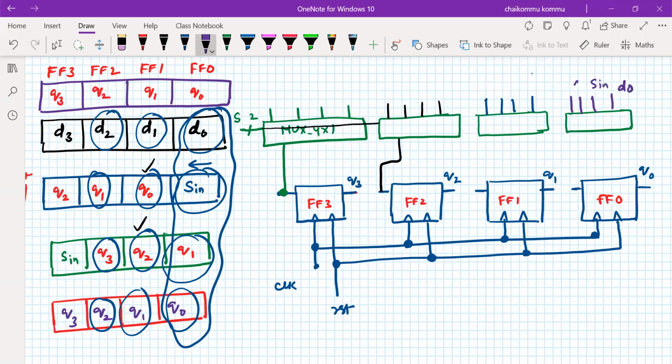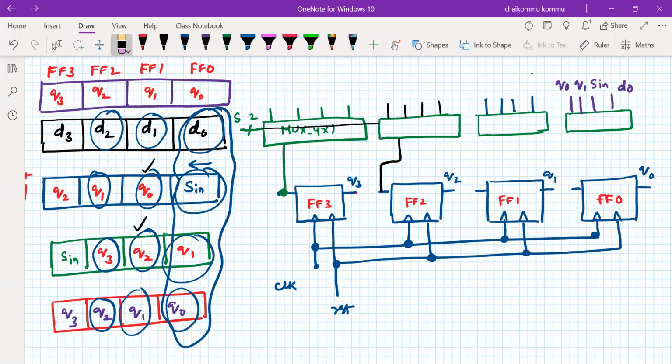Next to Q1, next to Q0. So Q0 is actually coming here. Actually, Q0 will come here. Okay, so for the sake of complexity reduction, I'm using this. I'm not going to use this connection. Okay, Q0 is meant for Q0 from here.